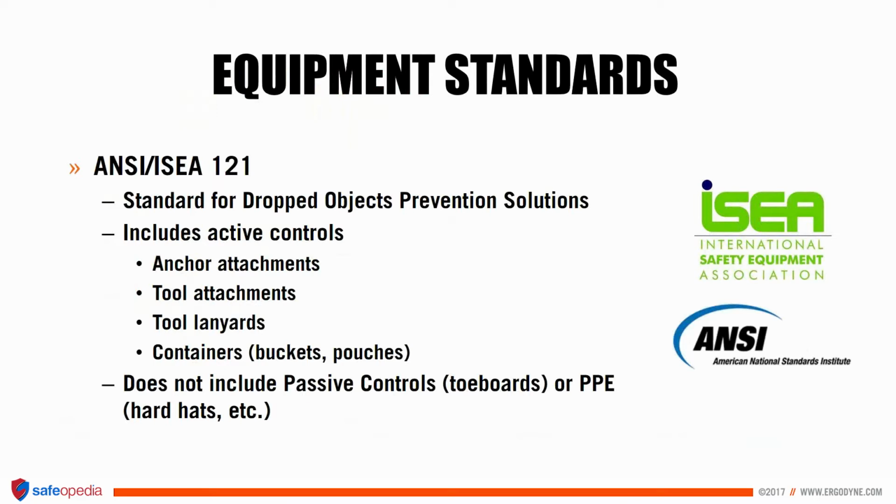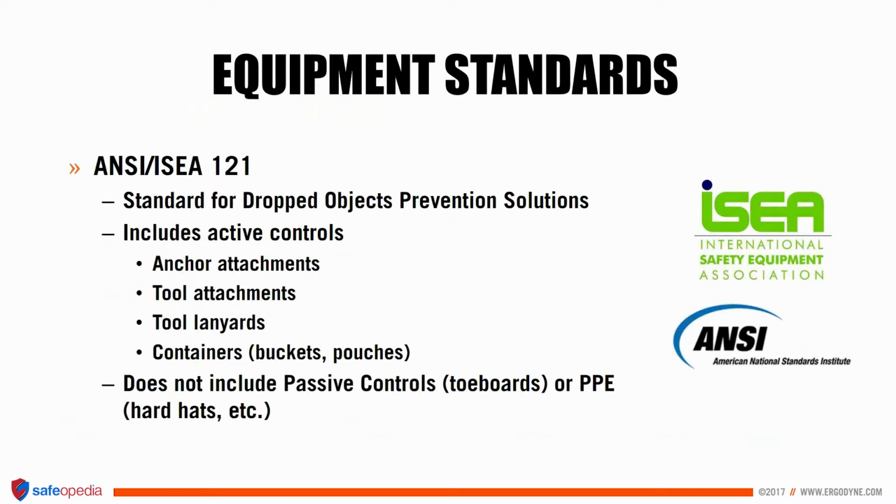These solutions include active controls, such as retrofit anchor attachments for tying tools off to, retrofit tool attachments that you apply to tools to connect a lanyard to, the tool lanyards or tethers themselves, and then containers in the form of hoist buckets, tool pouches, things of that nature. Again, these will be design and testing criteria for manufacturers like Ergodyne, to give some consistency for how this equipment is designed and tested on the marketplace.